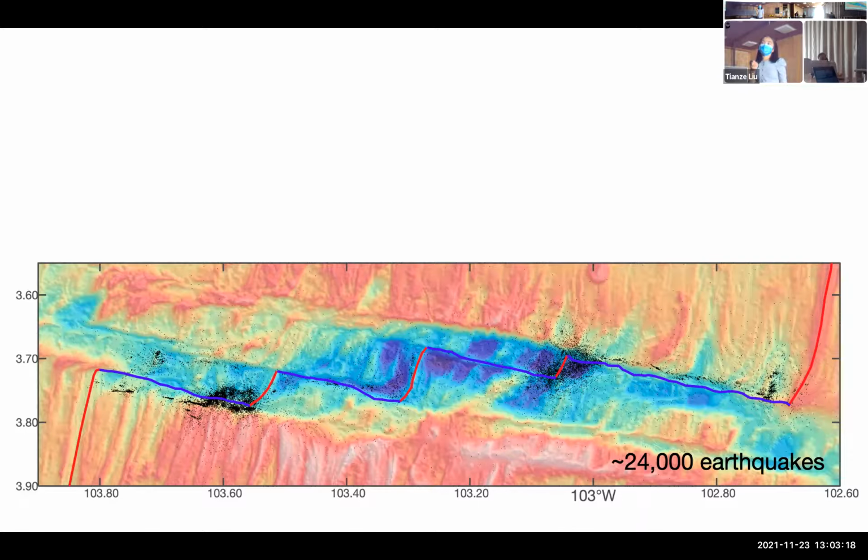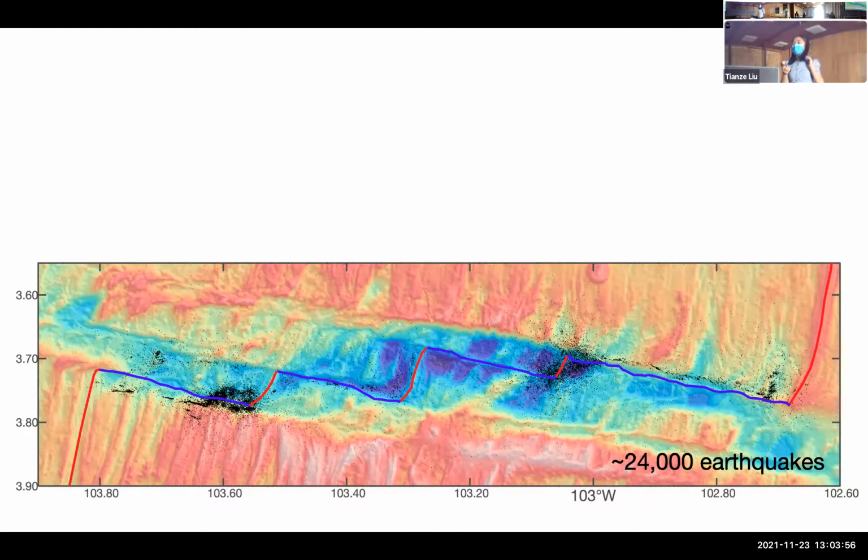But this is not a firm answer to say that these are correct. However, we do find that for example on Q3, the seismicity seems to follow the topography well. So at certain locations we think the seismicity follows the topography, and at some locations it doesn't. If they are true, it might indicate that these fault traces may actually deepen towards the south. Okay, so it's a dipping fault.